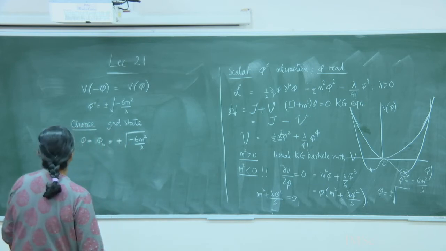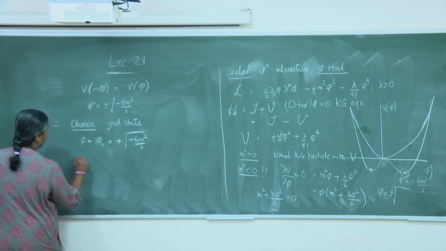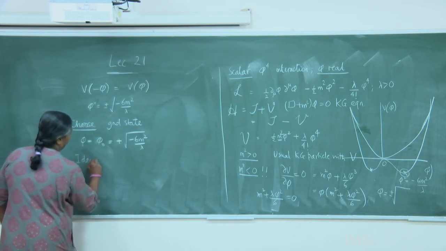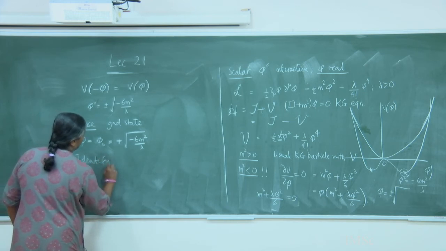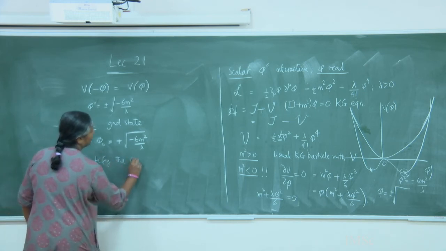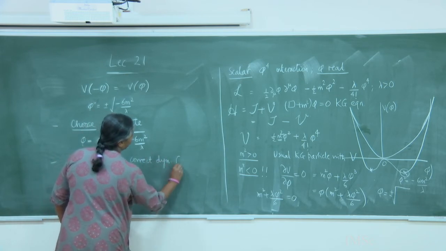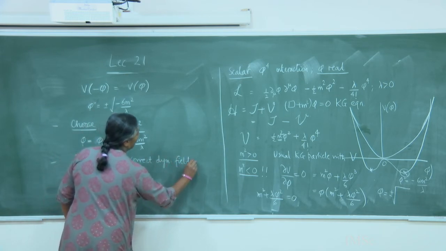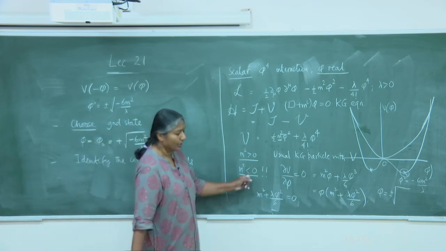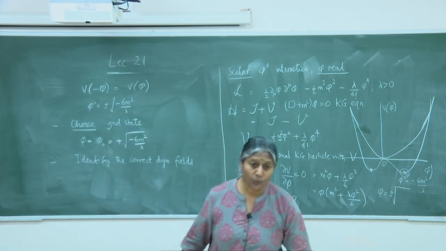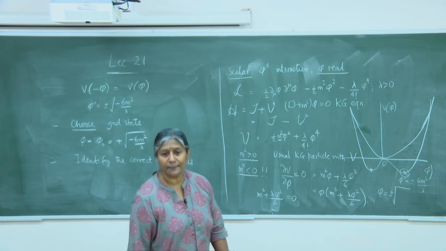Now we still have to identify the correct dynamical fields. Why do we have to identify the correct dynamical fields? Because we know that it makes no sense to have a particle with mass squared less than 0, which means that the mass is an imaginary quantity.